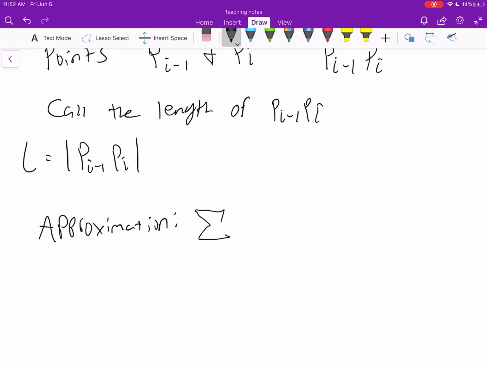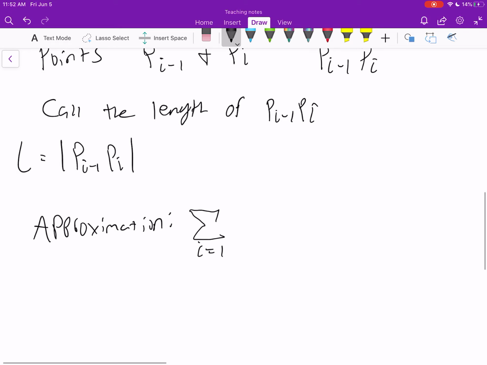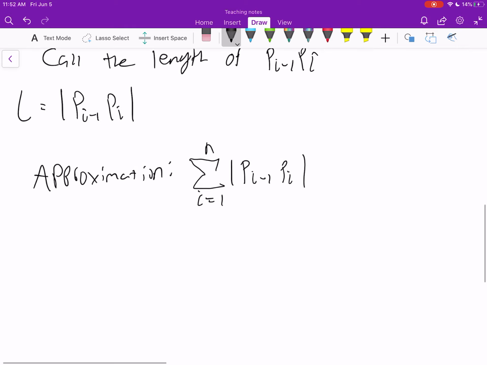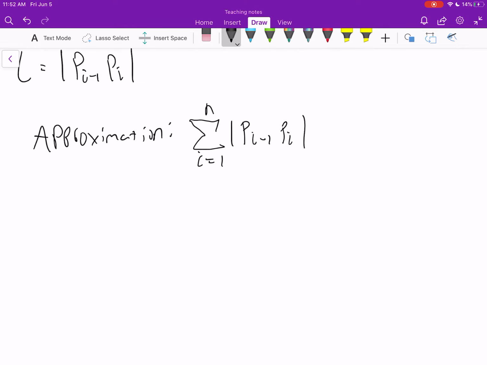It's going to be the sum from i equals 1 to n. If I break it up into n different lines, I just add up all the lengths of those line segments. Then we can get the true length by, if we keep dividing this thing and dividing this thing, that's taking a limit. We're going to take the limit as n approaches infinity of this sum.